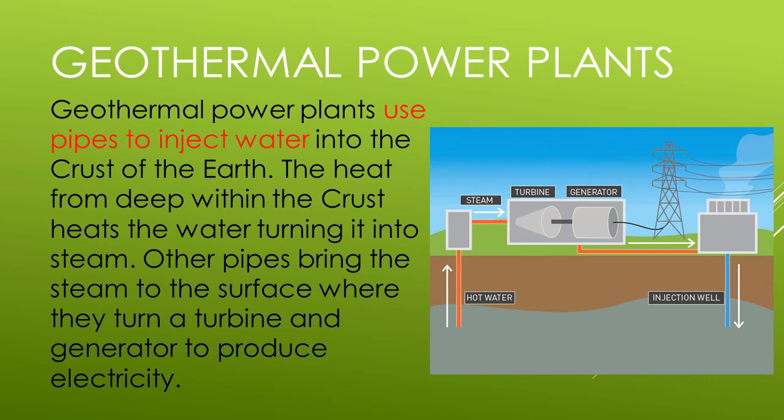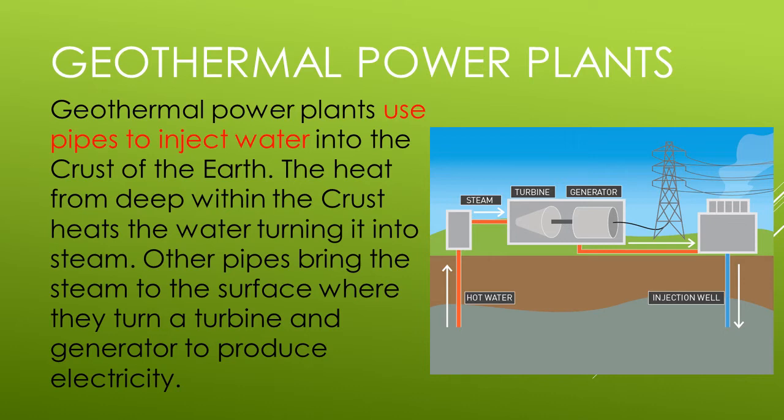So it looks something like this. On the far right, you've got what's called the injection well, where that water is being pushed down into the crust of the Earth. Another pipe on the left-hand side of the picture is bringing that hot water or steam to the surface, and it is going to spin a turbine and a generator to produce electricity.